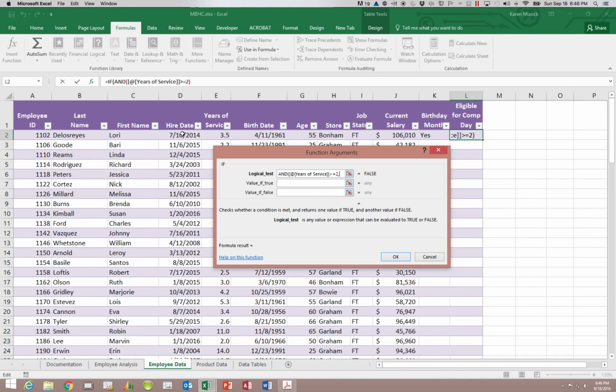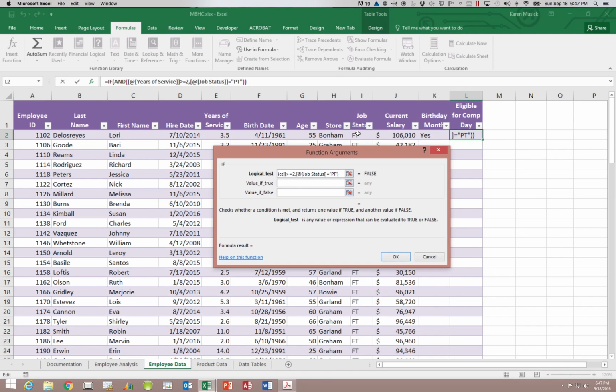Put a comma in, and then you're going to click on the job status and say that has to be equal to, in quotes, PT. Close the quotes. Now, because we opened a parenthesis after the word and, if you open a parenthesis inside a box on these function arguments, you have to close it.